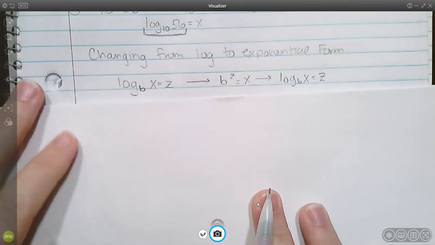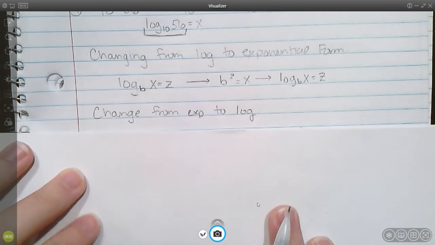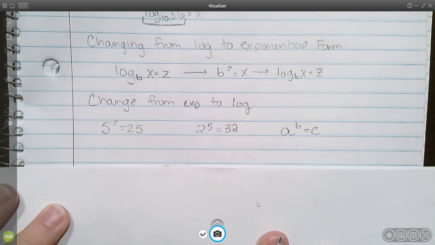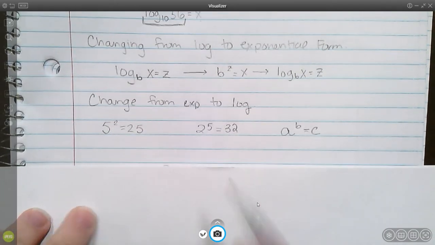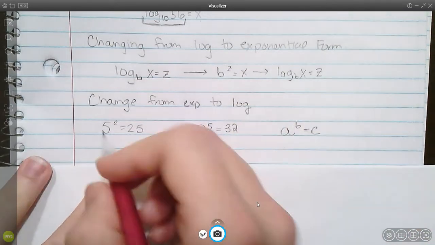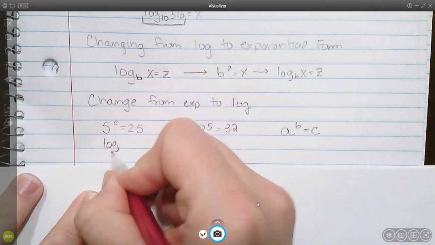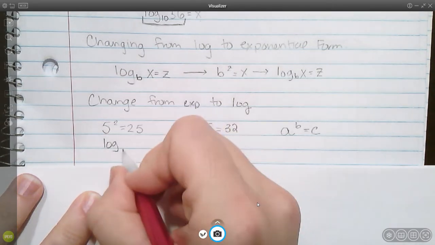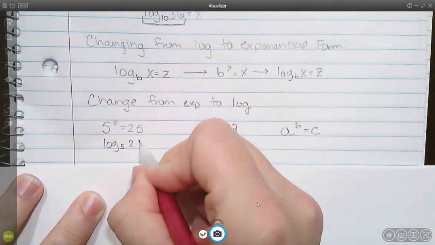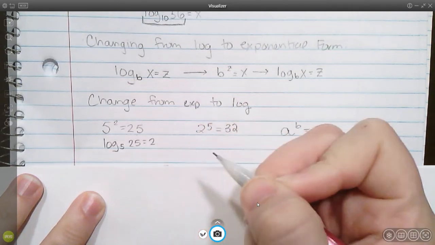So let's practice just switching from one form to the other. In these ones, we want to change from exponential to log form. So we are going from here to here. So we have log, you always start with log, you write your base, which is 5, of 25 equals 2.